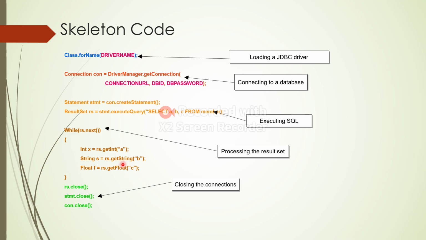If it is varchar2 over there, here it has to be string. If it is integer over there, you have to use integer or long, depending upon the size and range. Got the point? So there you are going to store it in a variable or in an object. Either it can be an object or it can be a variable.